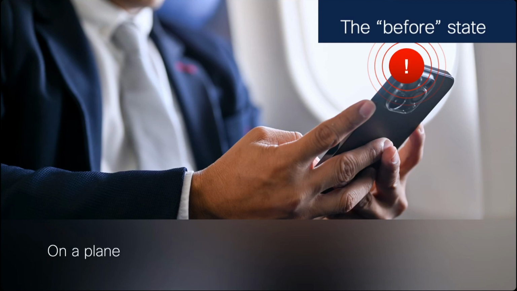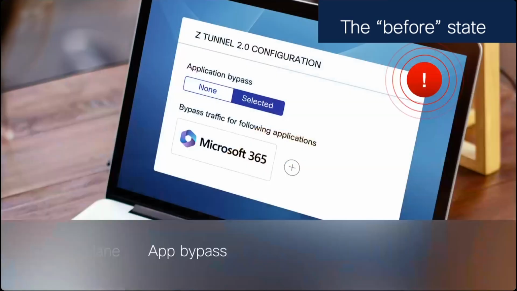In another situation, most traditional ZTNA vendors would also suggest that you bypass an application like Microsoft Outlook or Microsoft 365 due to high latency issues. Keep in mind that this is a huge part of your employees' world, a huge part of the IT estate that we're now bypassing from a security standpoint because of this overhead.